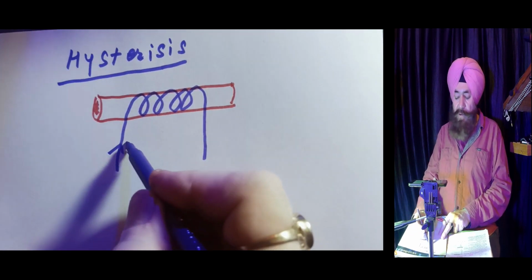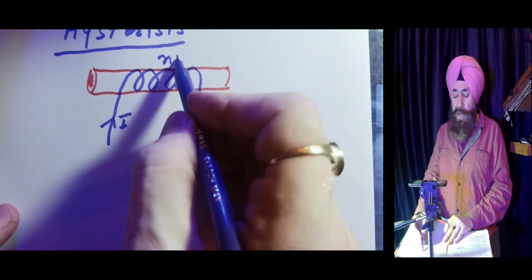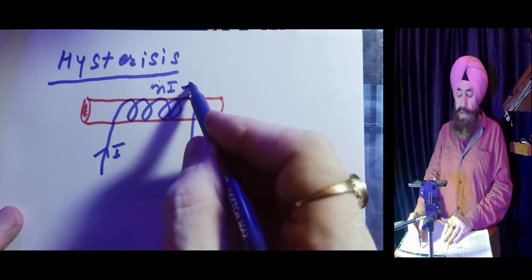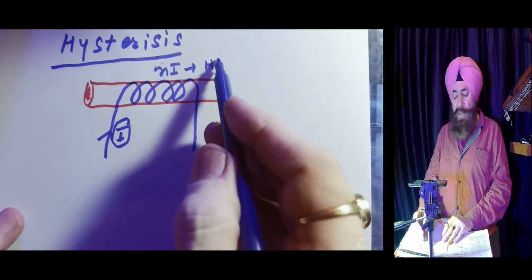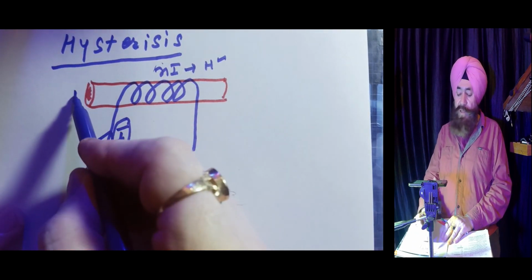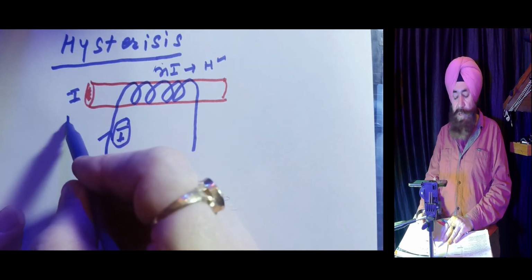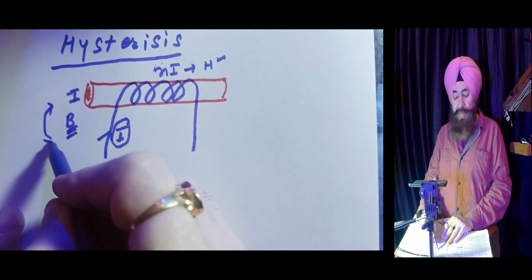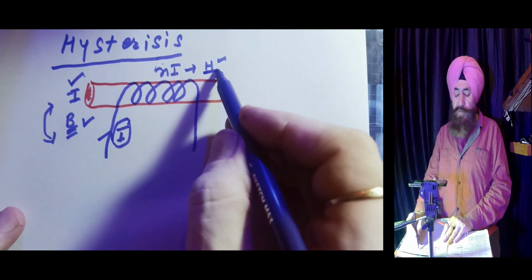Some current is made to flow, and Ni, the current times the number of turns per unit length, is H. If you increase the current, H will increase. Then we measure I, the intensity of magnetization, or B, the magnetic induction. It is one and the same thing, whether you measure I or B with increasing H.